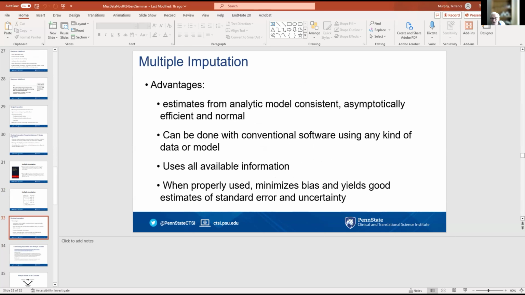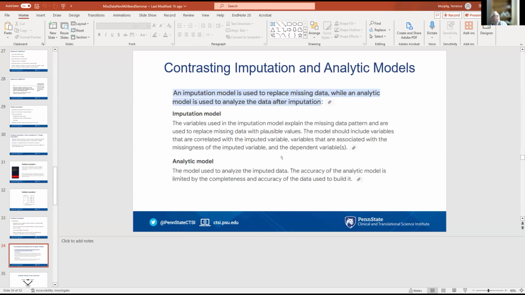It also uses all the available information. And again, when properly implemented, it minimizes bias and yields good estimates of standard error and uncertainty. So remember, these latter things enable a proper statistical testing of our results with p-values.